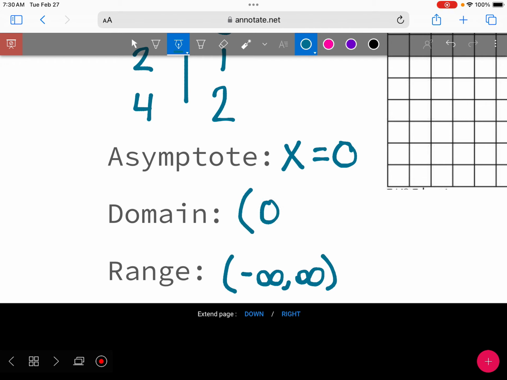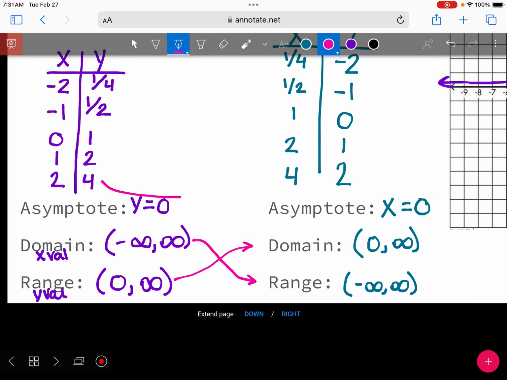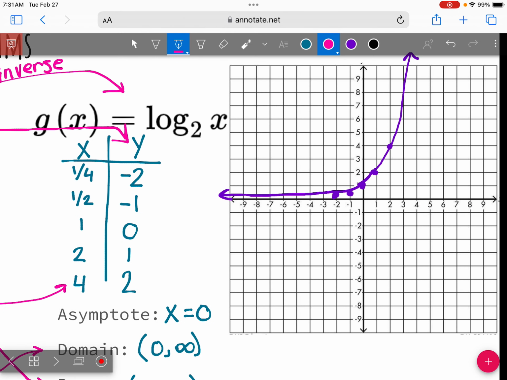Our domain is going to go from 0 to infinity because it changes places. All of these values went over here, and all of these values went over here. So everything that was an x became a y, and everything that was a y became an x.